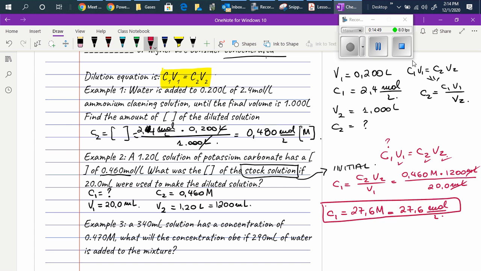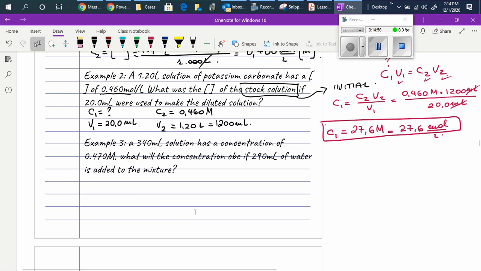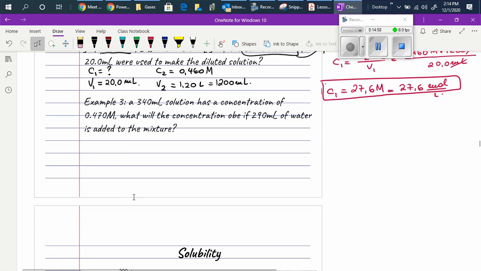Let's take a look now at the third example here. When we have a 340 milliliter solution that has a concentration of 0.470 molarity. So volume 1 is equal to 340 milliliters. C1 is equal to 0.470 molarity, or moles per liter, it is the same thing.